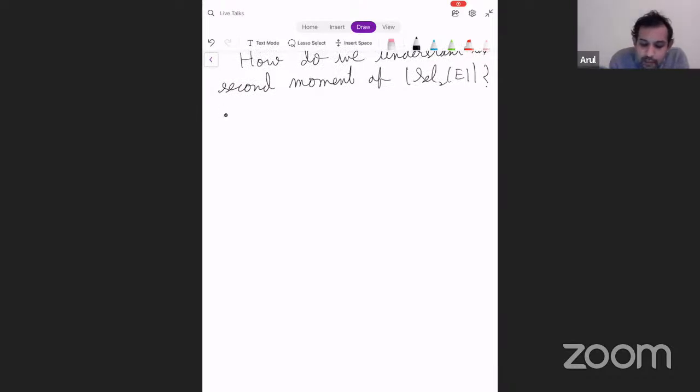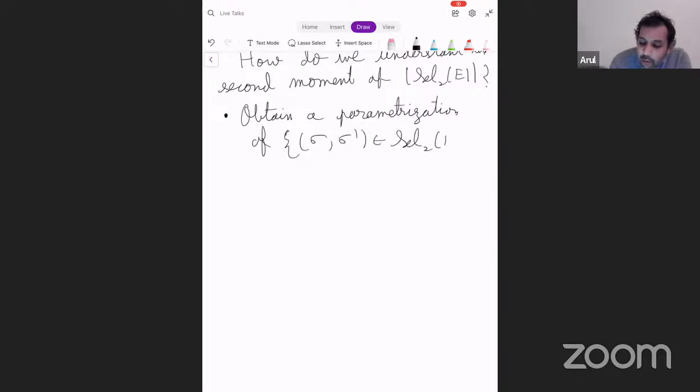Our proof is in three steps. First, we obtain a parameterization, except that it has one giant difference from the previous parameterization, of pairs sigma, sigma prime in the square of the two-Selmer group.